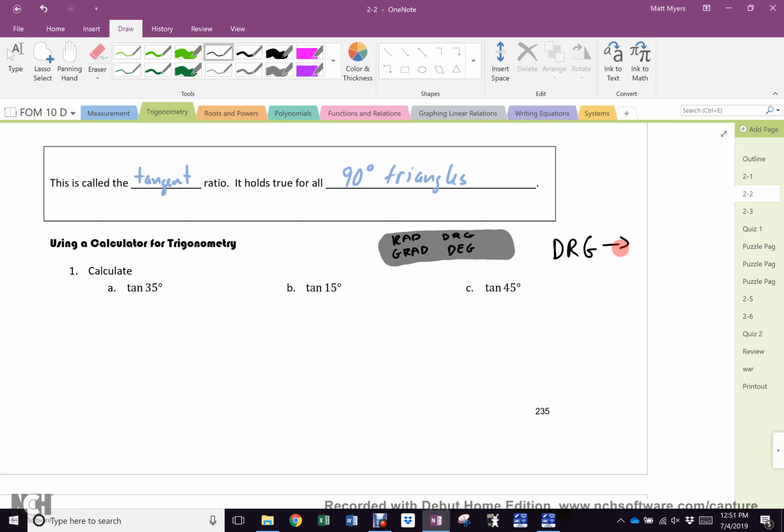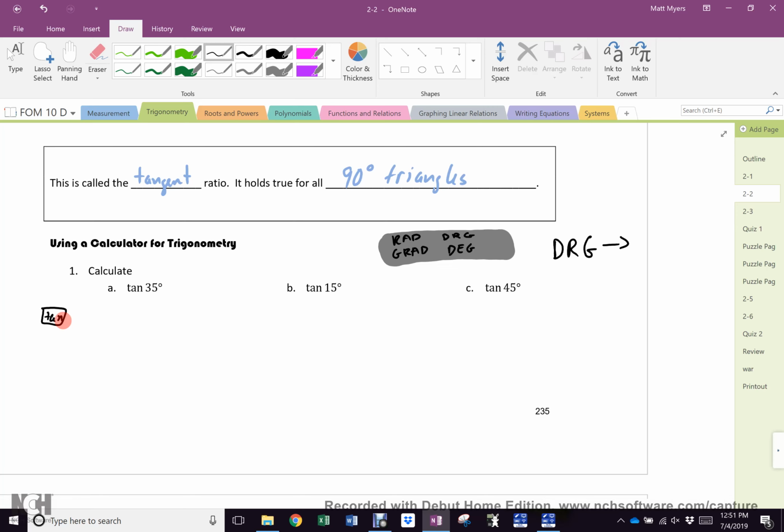All right. Now we're going to see if everyone's right. Now the next thing we have to ask is this. Some of you are going to have calculators that look backwards from the screen. Everybody on your calculator, find the button that says tan. When you push that button, does it write the word tan on the screen?